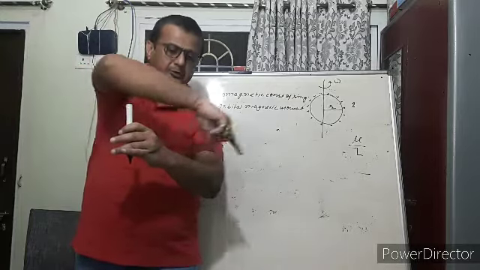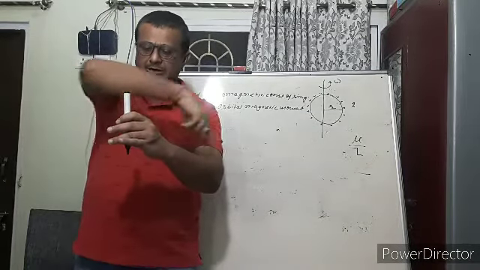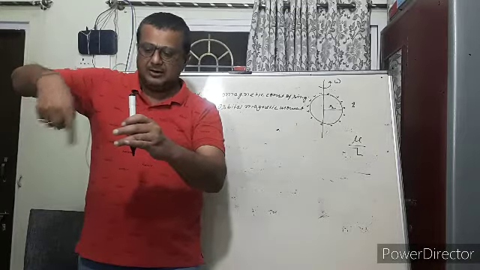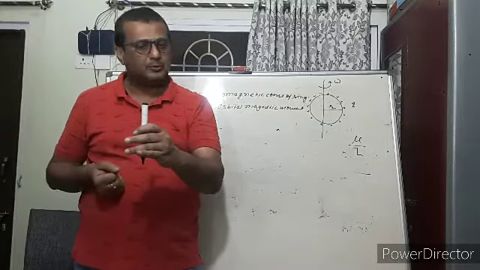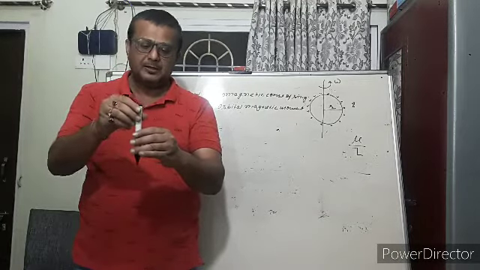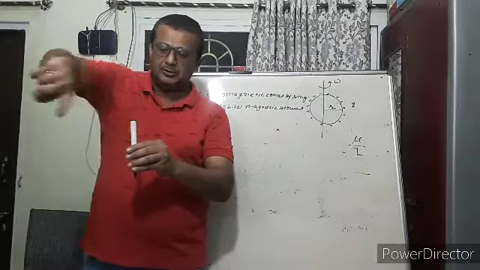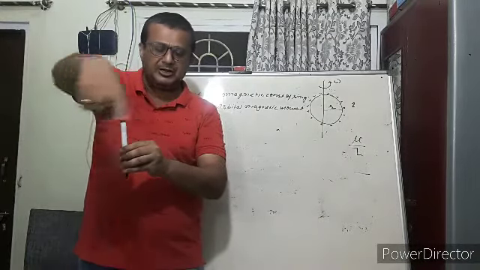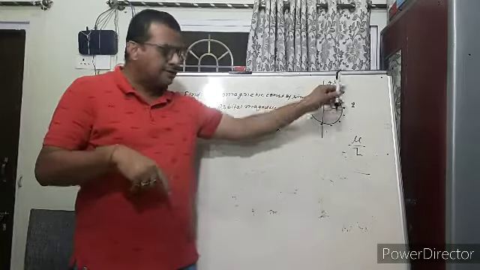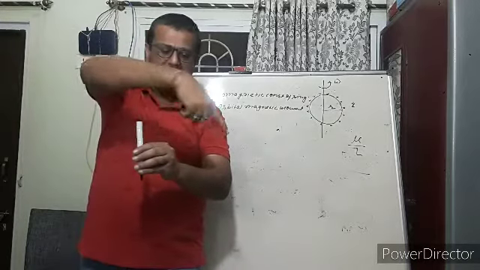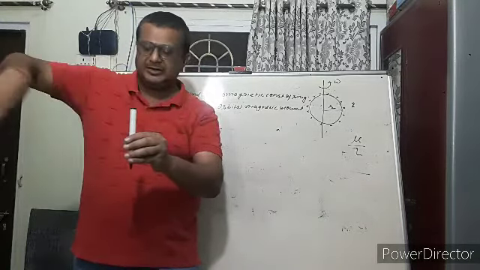Then an electron would rotate clockwise, and the current would rotate anti-clockwise. Both are opposite to each other. Once more, this ring is rotating anti-clockwise, meaning positive charge is rotating anti-clockwise.